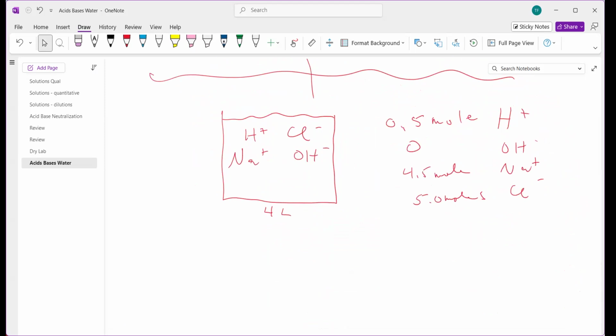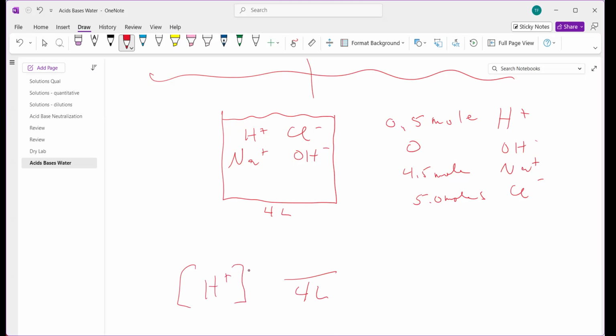Okay, so what is the new concentration of H within the mixture now? Well, we know we have 4 liters as the volume of the new mixture. So we're looking at the concentration of H plus.